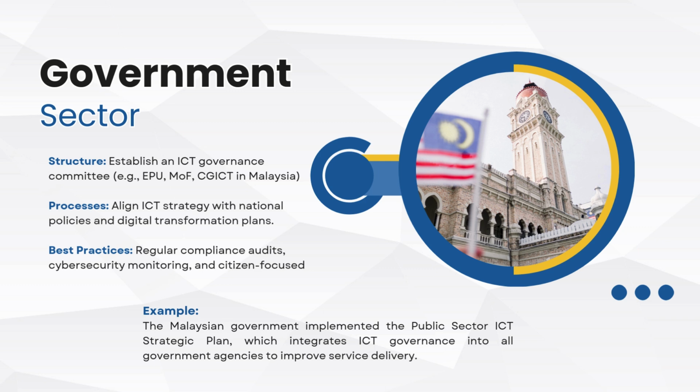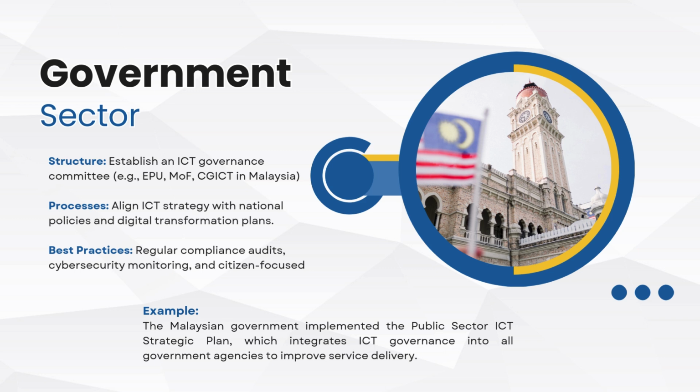Processes, align ICT strategy with national policies and digital transformation plans. Best practices, conduct regular compliance audits and cybersecurity monitoring. Example, Malaysia's public sector ICT strategic plan integrates governance into all government agencies to improve service delivery.